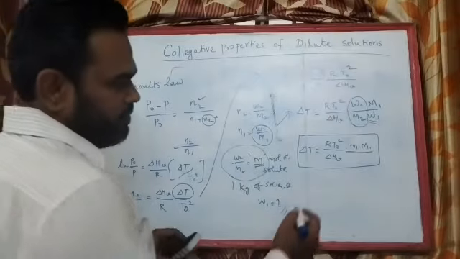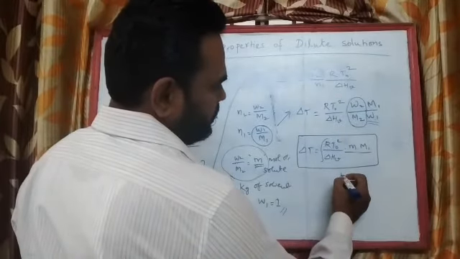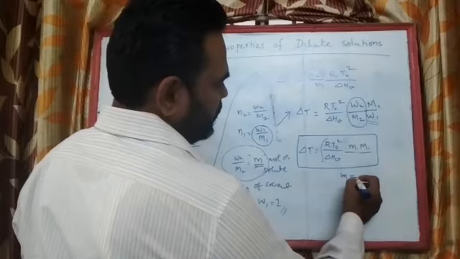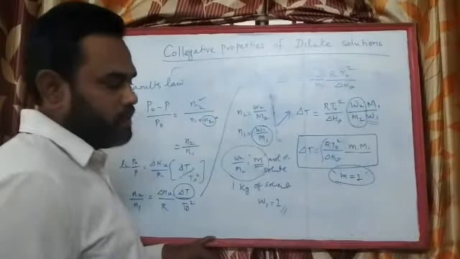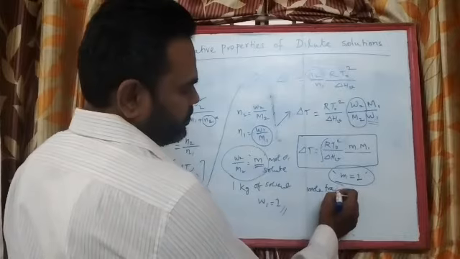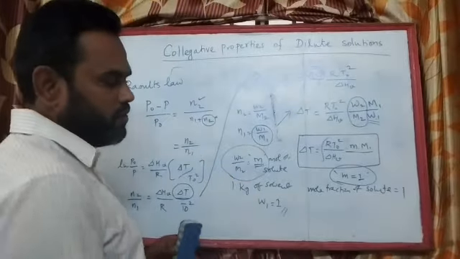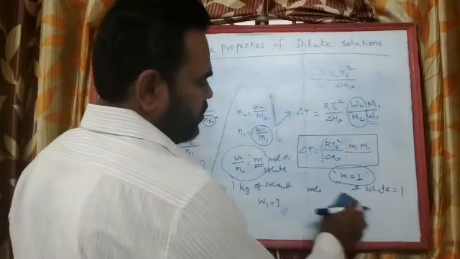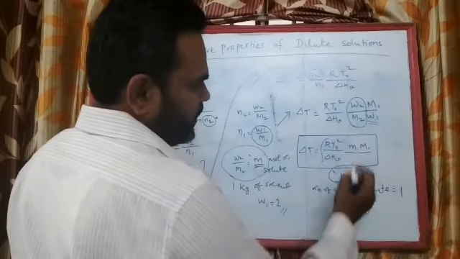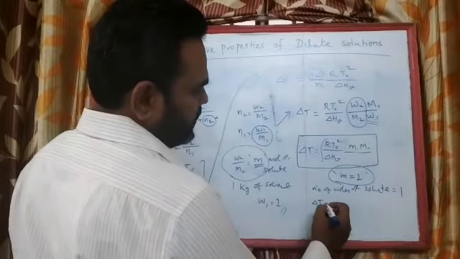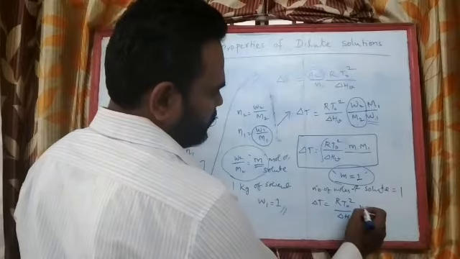So this equation can be further written. When m is equal to 1, that is when the number of moles of solute is equal to 1, then this equation becomes delta T is equal to RT0 squared divided by delta HV into small m.